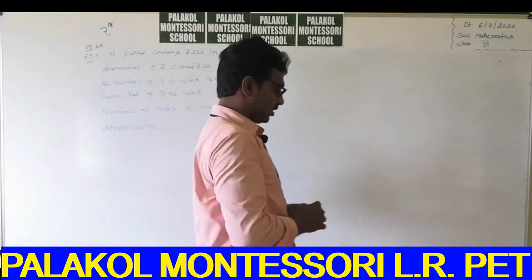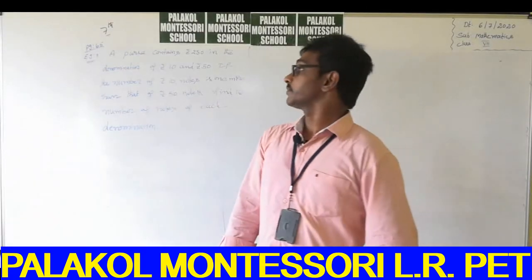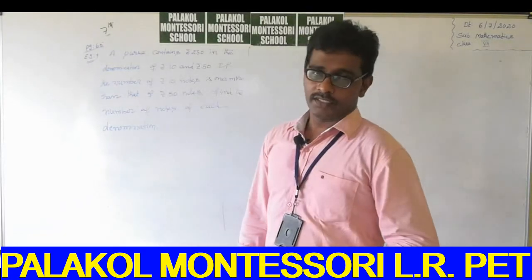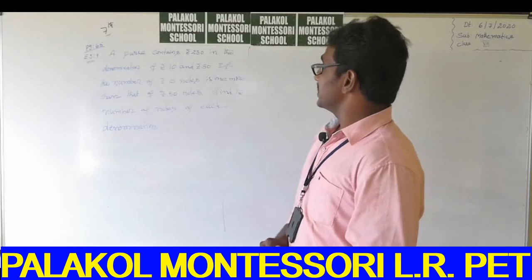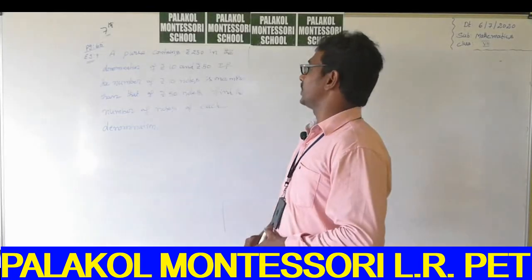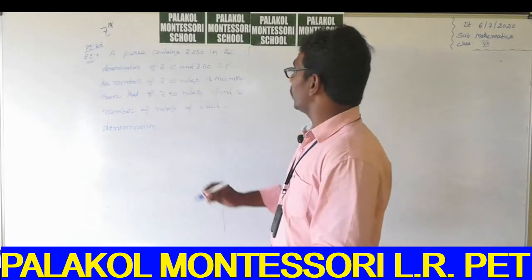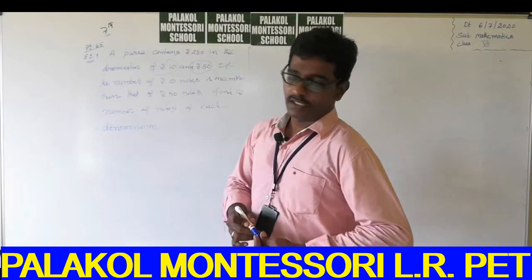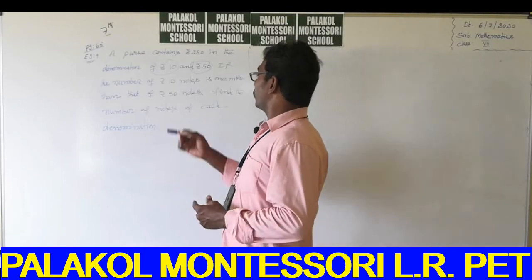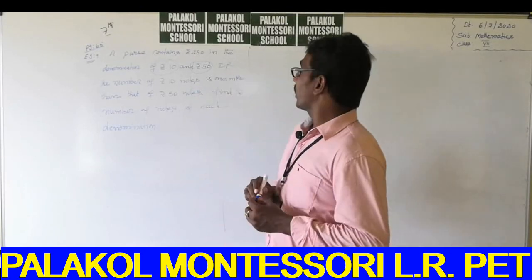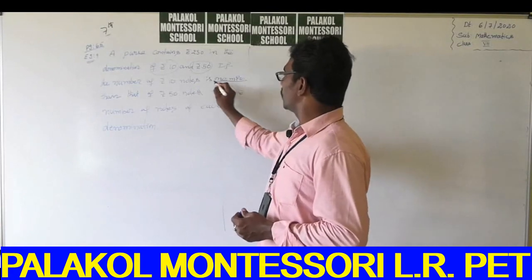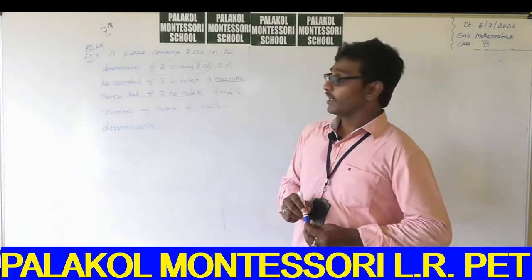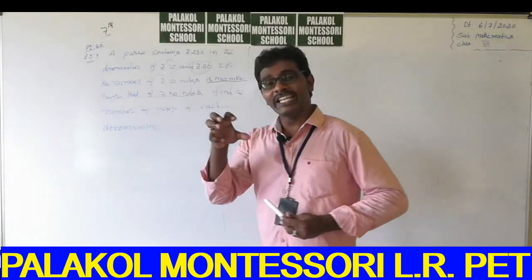First, read the sum carefully. A purse contains 250 rupees in denominations of 10 rupee and 50 rupee notes. If the number of 10 rupee notes is one more than the number of 50 rupee notes, find the number of notes of each denomination.